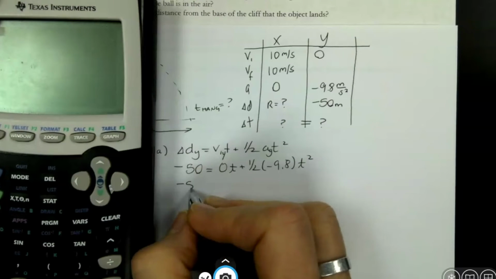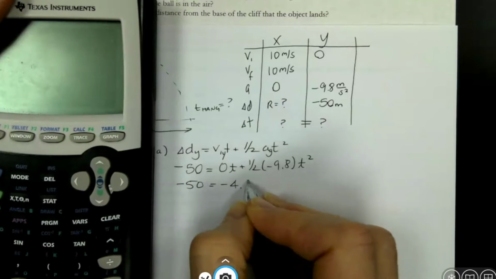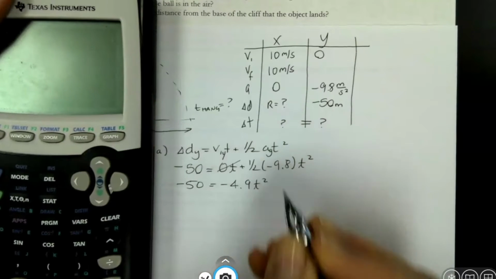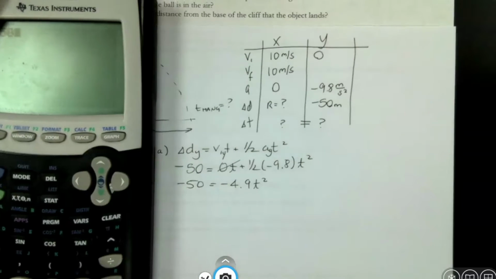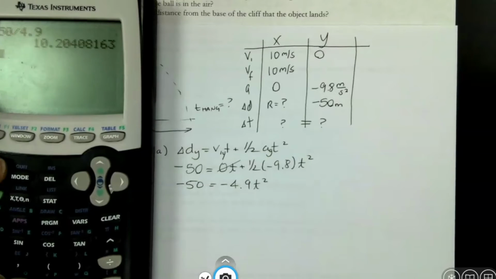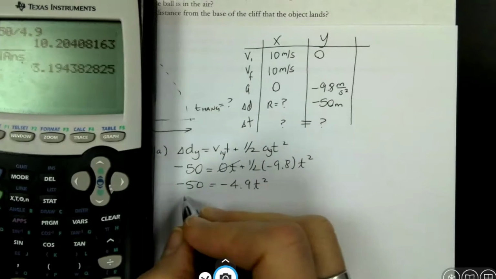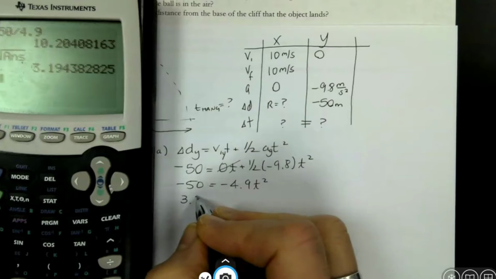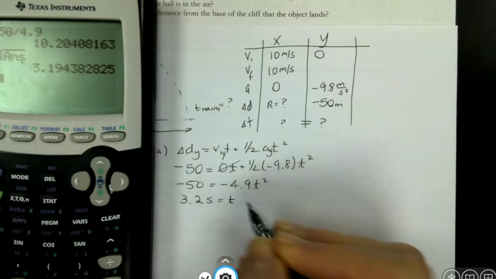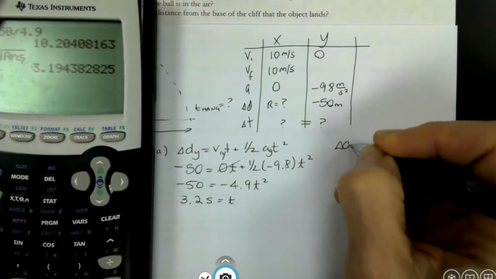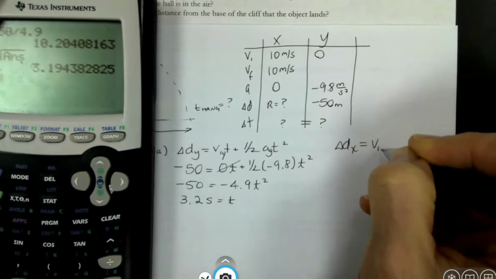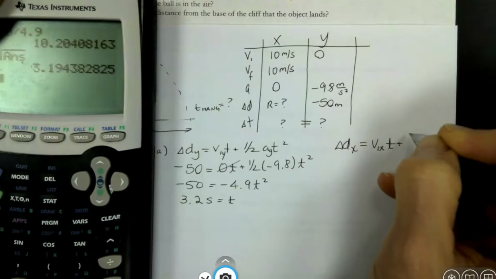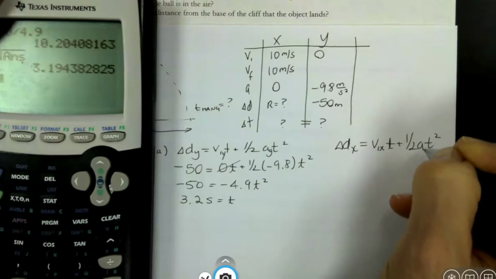So you've got negative 50 equals negative 4.9 t squared, right? The first term drops. So 50 divided by 4.9, and take the square root of that, and you get 3.2 seconds.